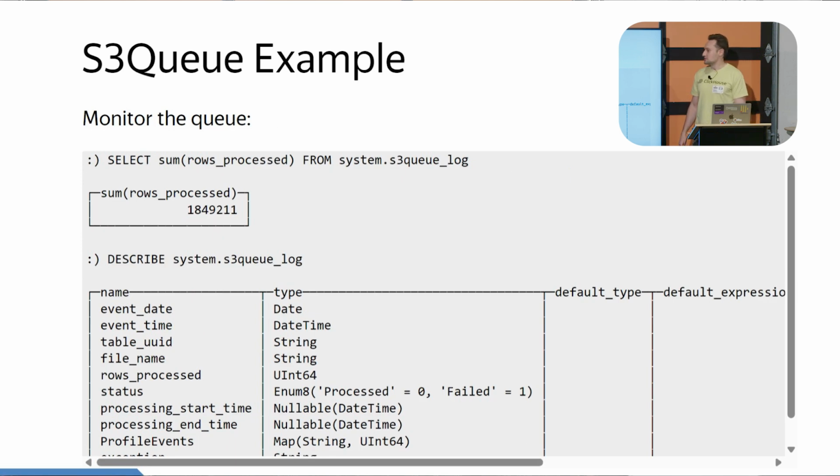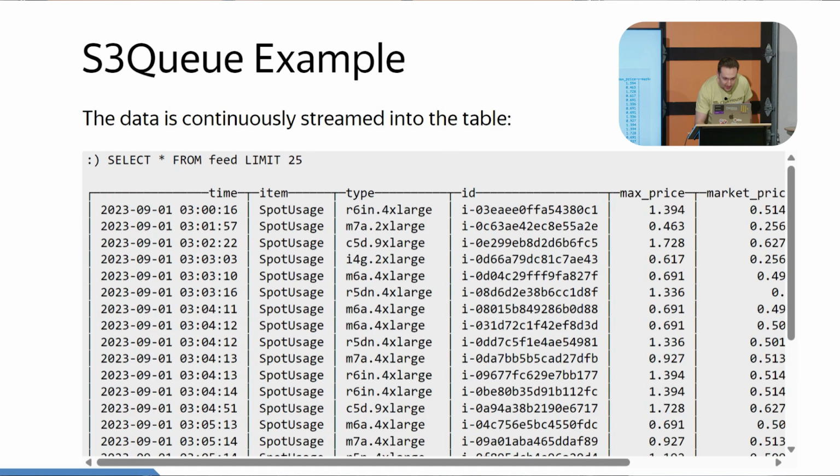To observe how it works, there is a system table named s3queue_log. And when I created the materialized view, it also just works. It is amazing feature. It is simple to use, easy, and nice.